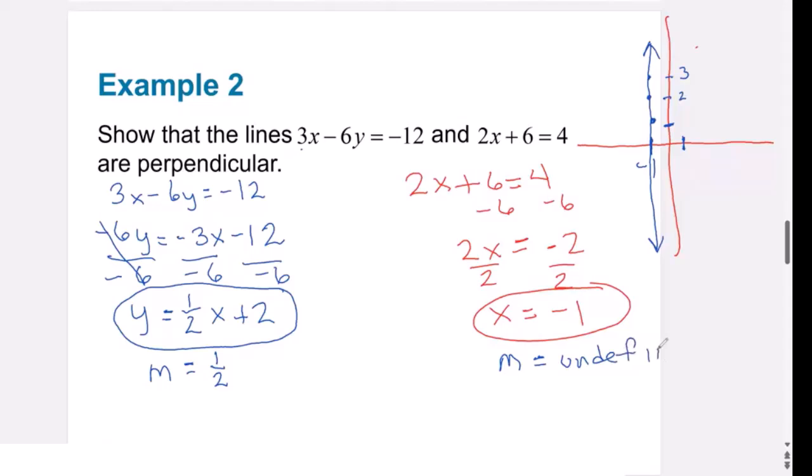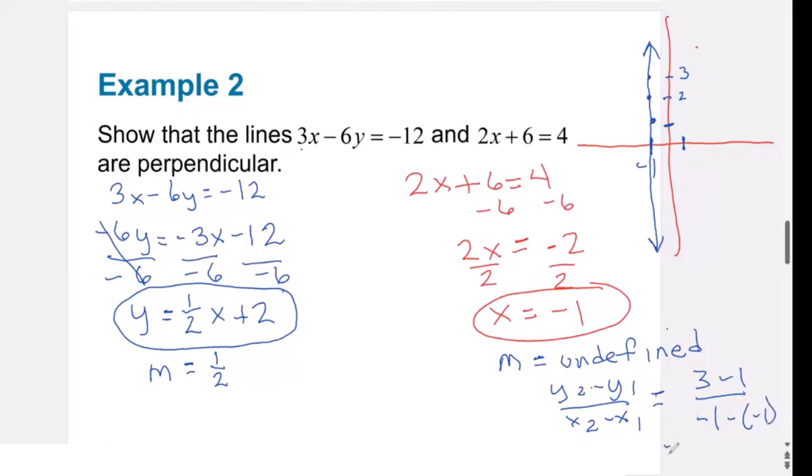Okay? Because if I do y2 minus y1 over x2 minus x1, it doesn't matter which y's I pick. I'll pick y equals 3, and I'll pick minus 1 over, here's the important part, the x is minus 1 minus minus 1, which is minus 1 plus 1.